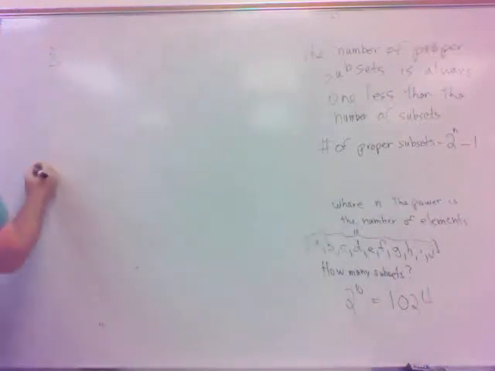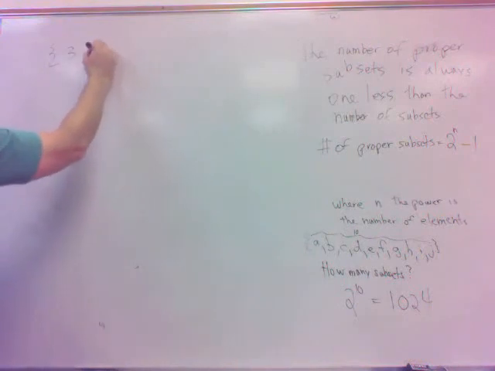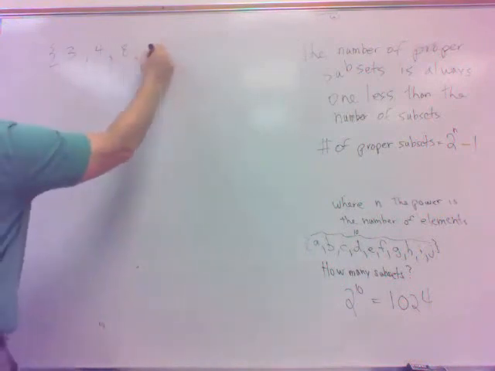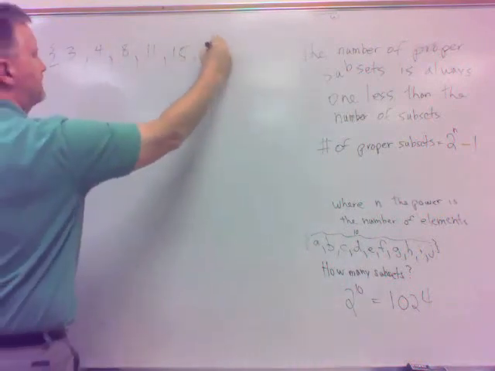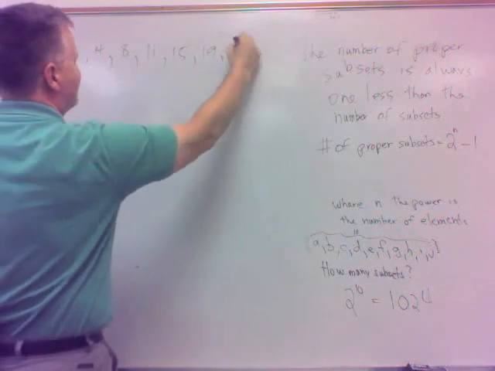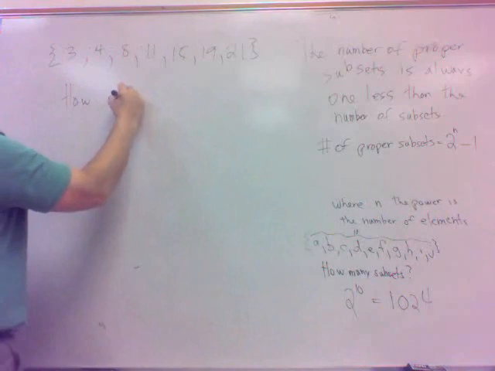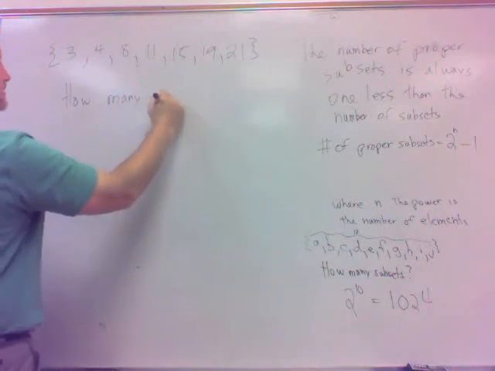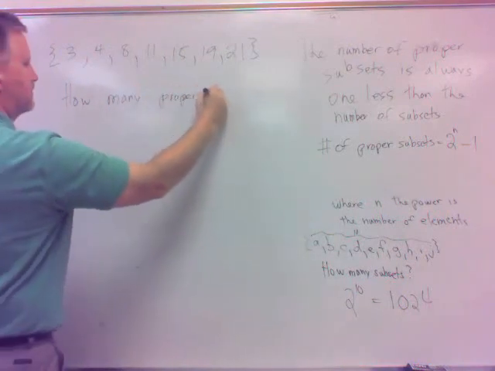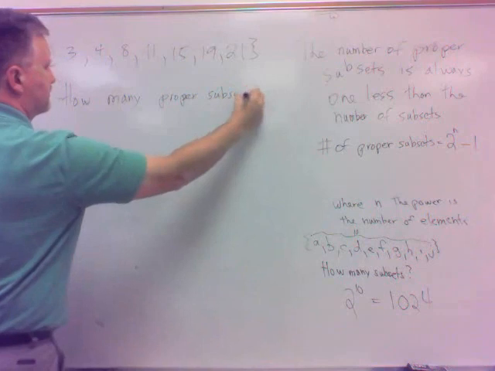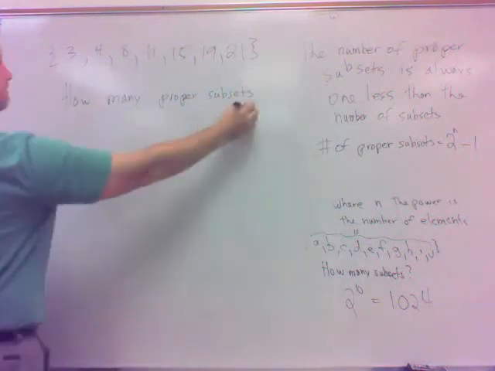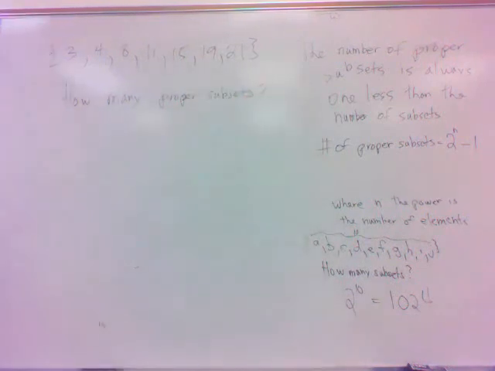All right, so let's say I have, let's pick, 3, 4, 8, 11, 15, 19, just random numbers here, 21. How many proper subsets does that set have? Well, let's start with the number of subsets.